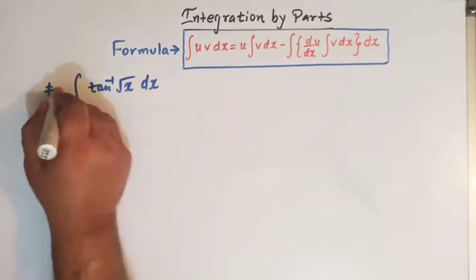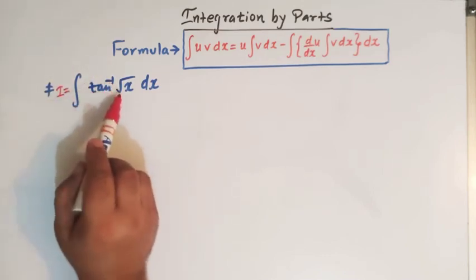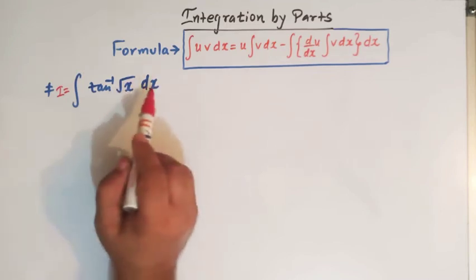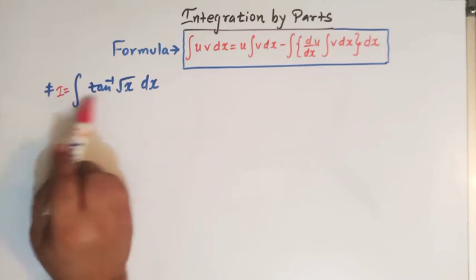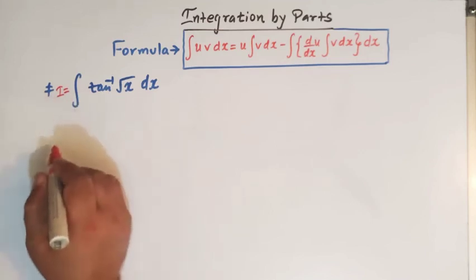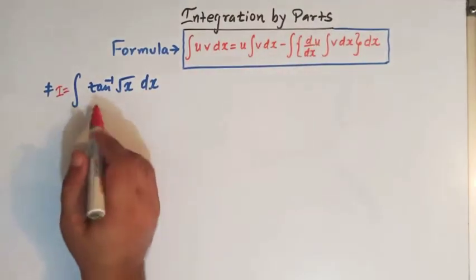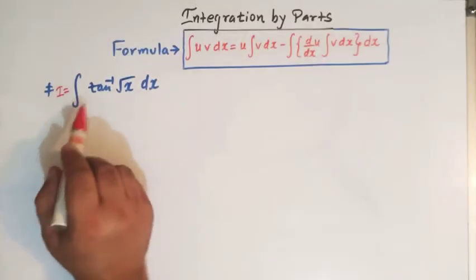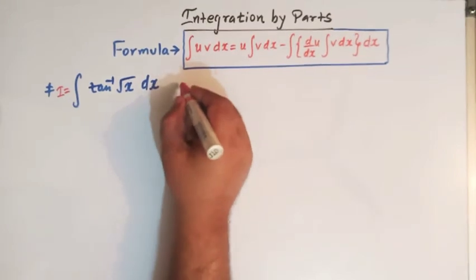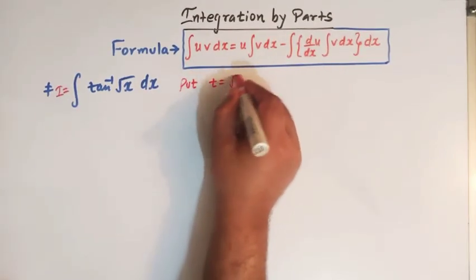Now viewers, let us take this problem. Here we have to integrate tan inverse of square root of x, dx. So let us call this integral as I, and here again we will make use of the method of parts, but before applying this method of parts, we will apply the method of substitution. So let us put t is equal to square root of x.